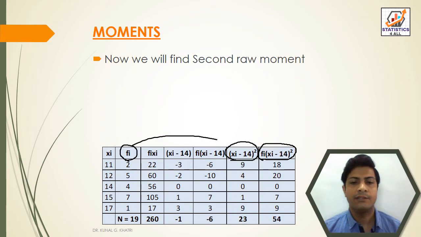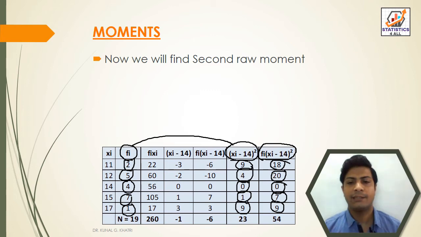So 2 into 9 is equal to 18, then 5 into 4 is equal to 20, then 4 into 0 is equal to 0, 7 into 1 is equal to 7, 1 into 9 is equal to 9. Now we'll take the sum of Fi into Xi minus 14 whole square. We get the value 54.